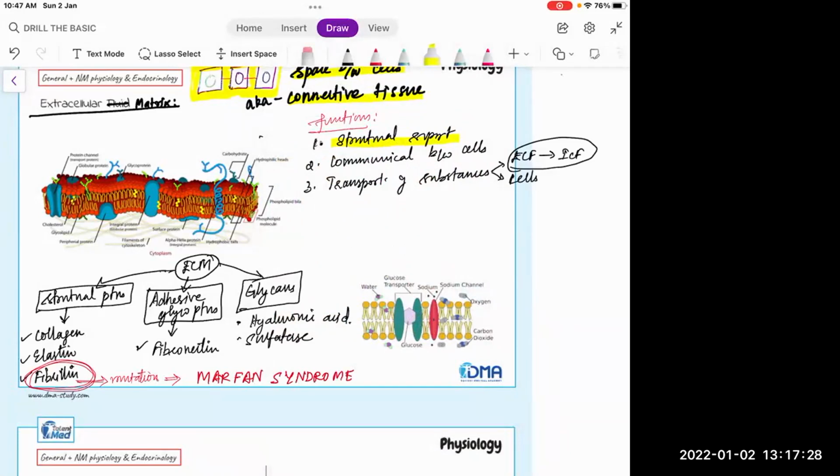Remember, when there is a mutation of this fibrillin protein, which is the structural protein of the extracellular matrix, that results in the clinical condition called Marfan syndrome.